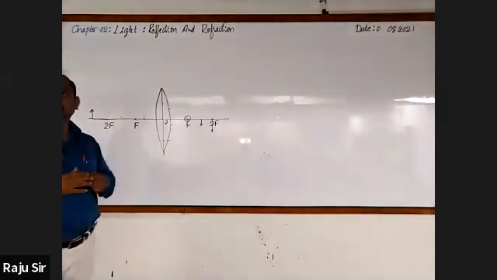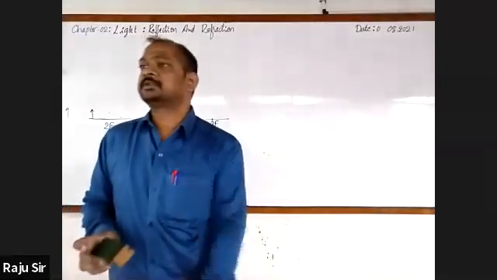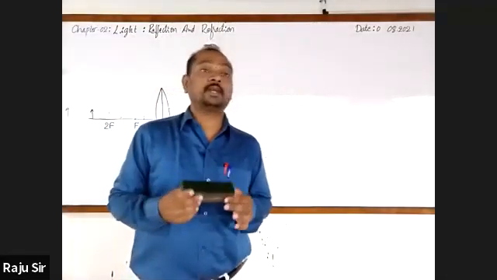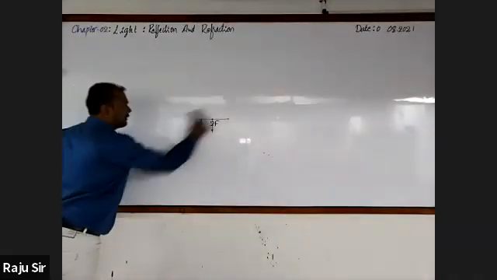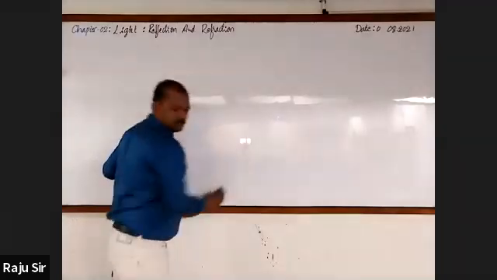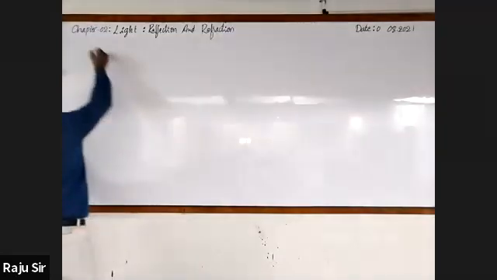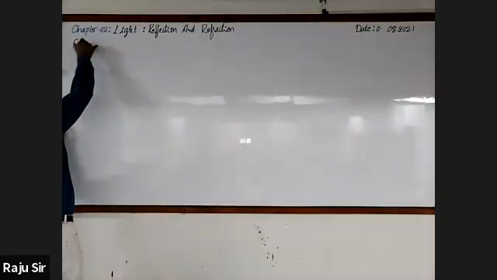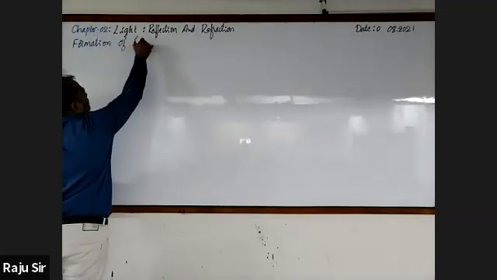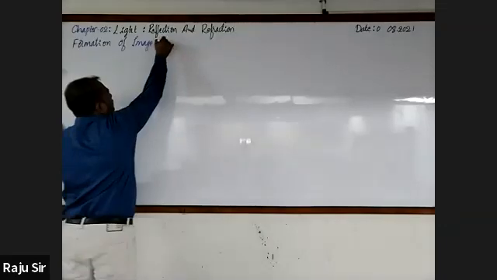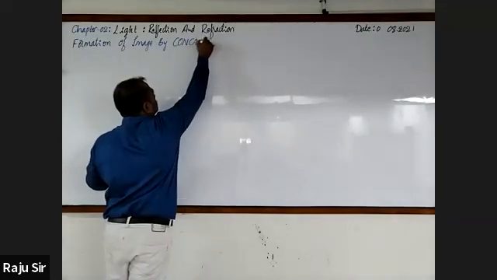Now we are moving to focus on describing the characteristics of the image formed by a concave lens. That's the side heading: Formation of image by concave lens.